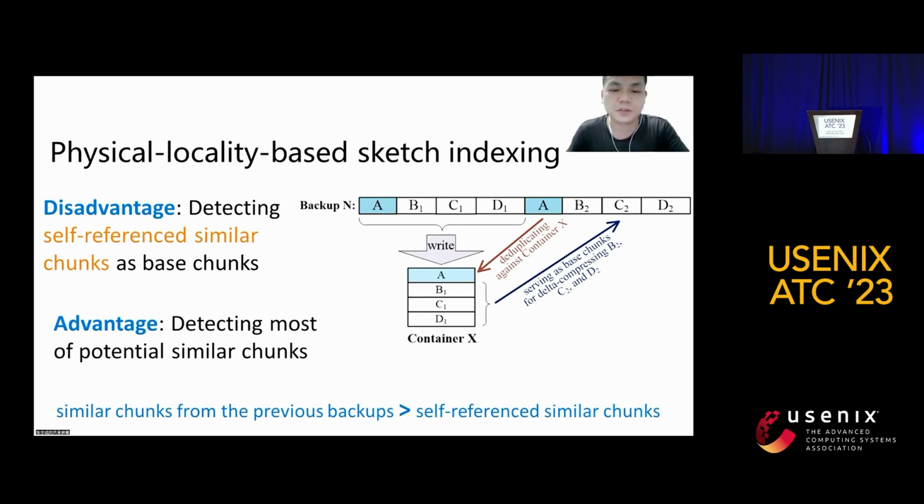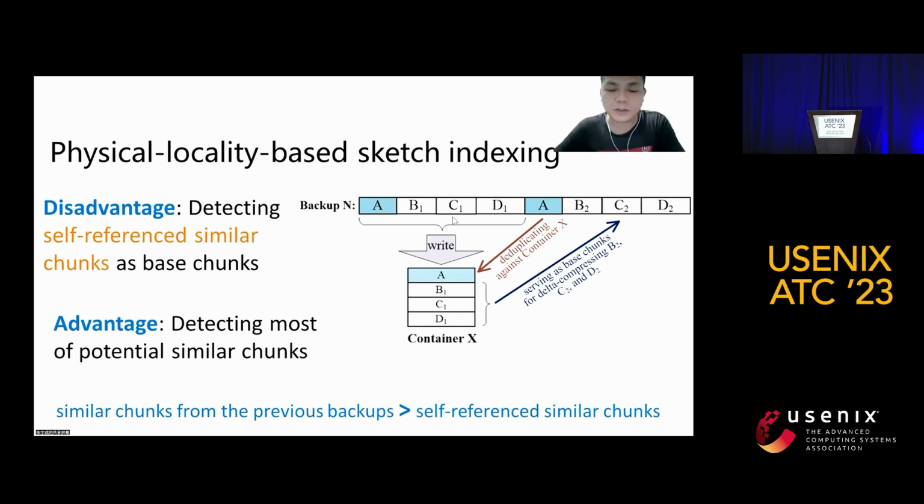Compared to similar chunks detected from previous backups, self-referenced similar chunks tend to share less redundant data with unique chunks of the ongoing backup. This is because the unique chunks of the ongoing backup are more likely to result from the similar chunks in the previous backups after undergoing slight modification.